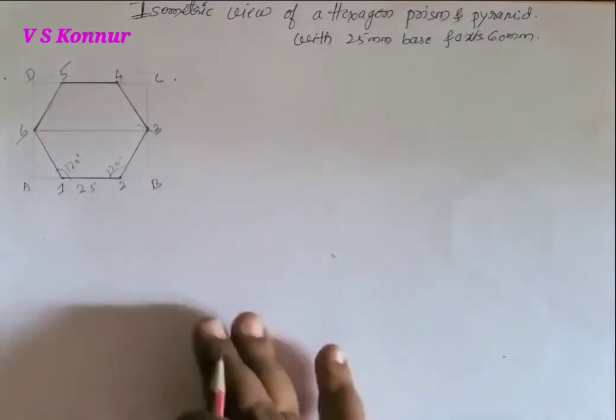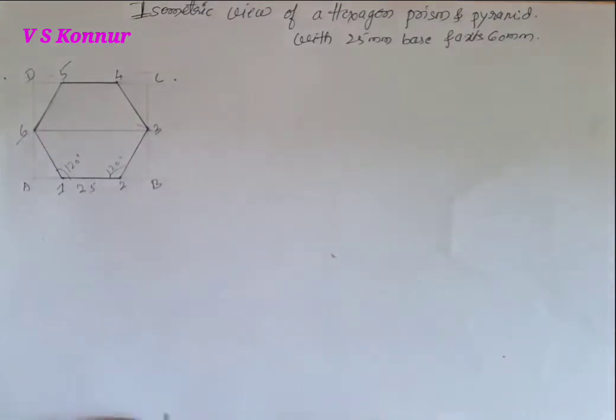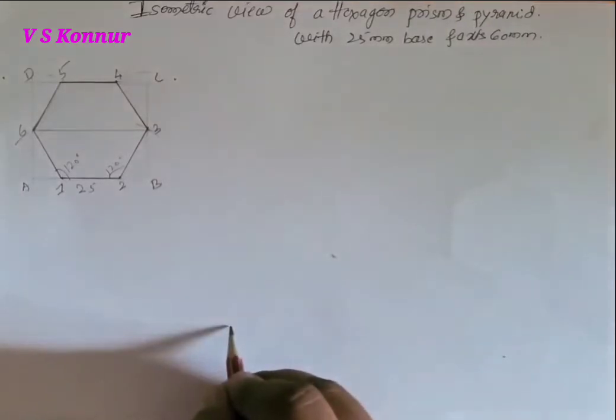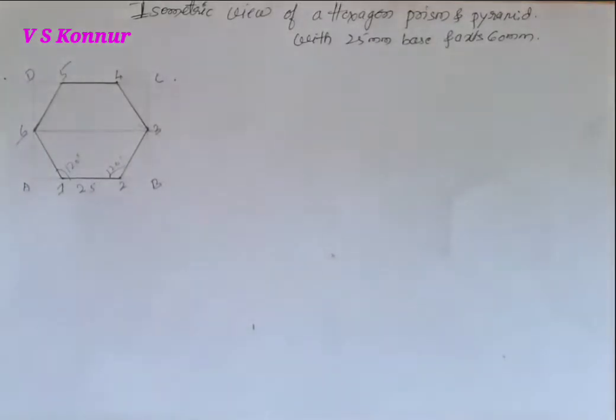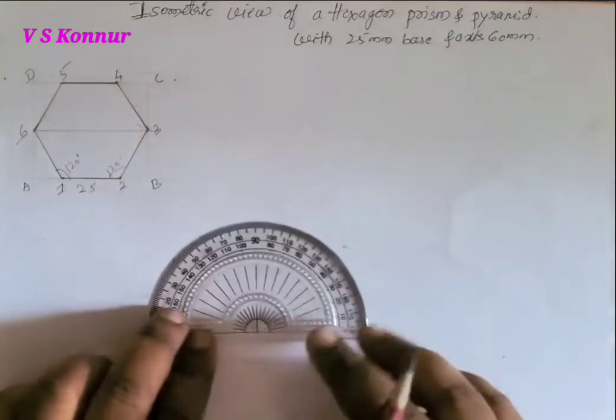Then first we have to mark a point. And then from either side of that point we have to take 30 degree for the projection or to draw the isometric view. So we'll take 30 degree from this point.